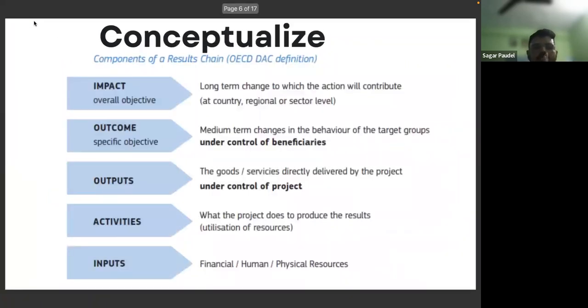Next is the slide where we differentiate between output, outcome, and impact, because while designing projects we often mention an output as an impact. The three aspects of the result chain, or anything you get from the project, are output, outcome, and impact.